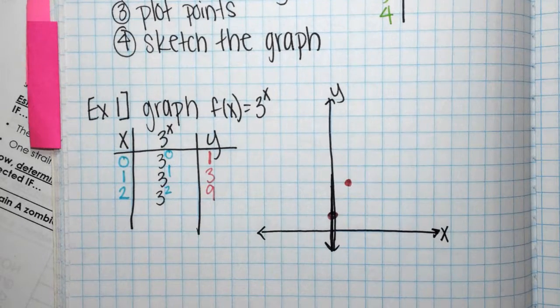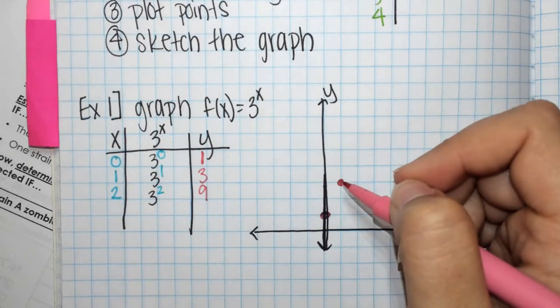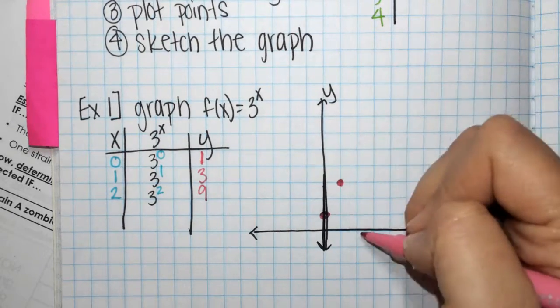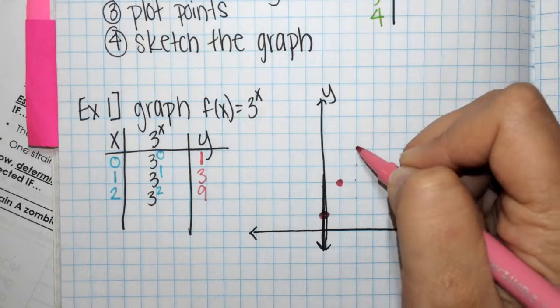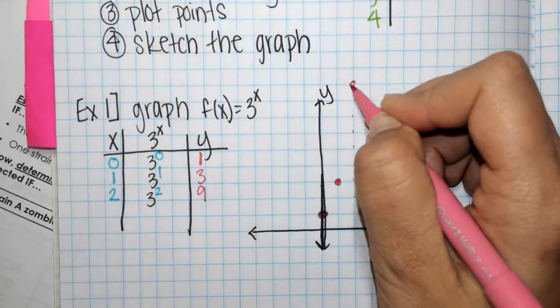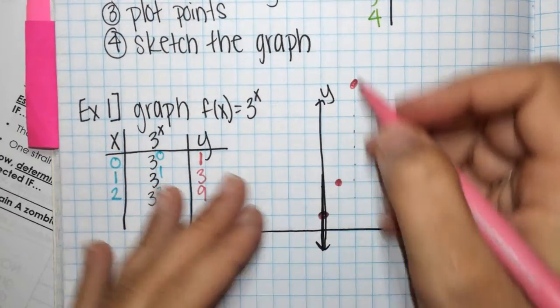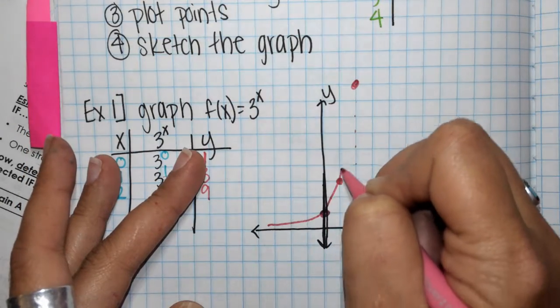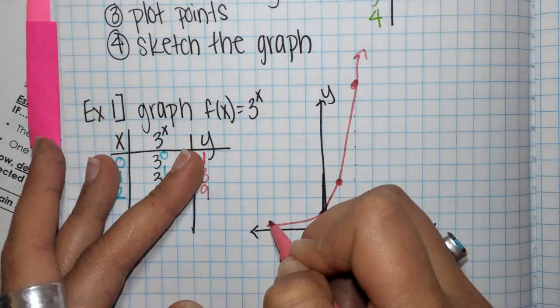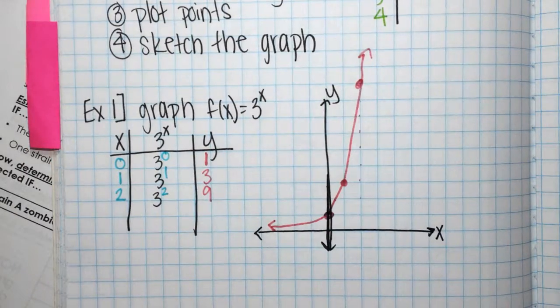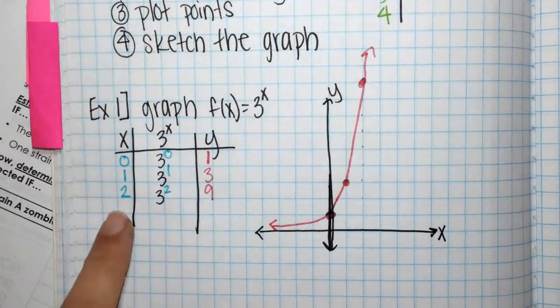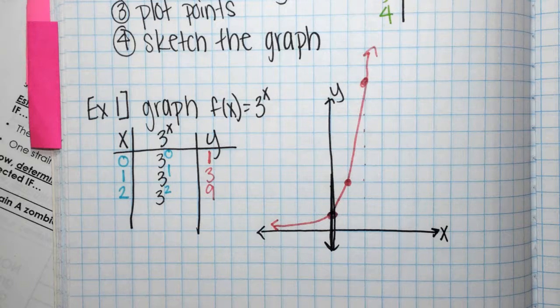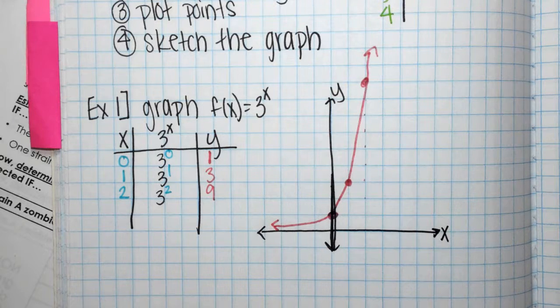When x is 2, what's our y value? 9. 1, 2, 3, 4, 5, 6, 7, 8, 9. And then, remember, it's a curve. So don't cross that x-axis, but extend it over and curve. What's your last coordinate? 2, 9.